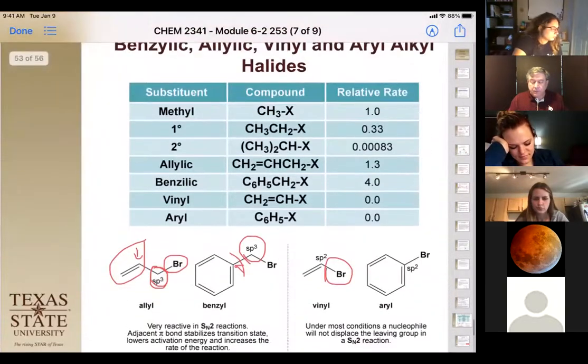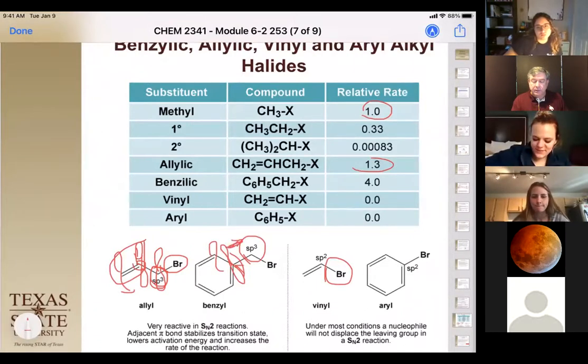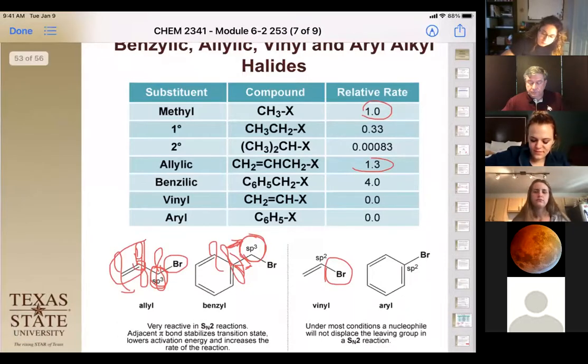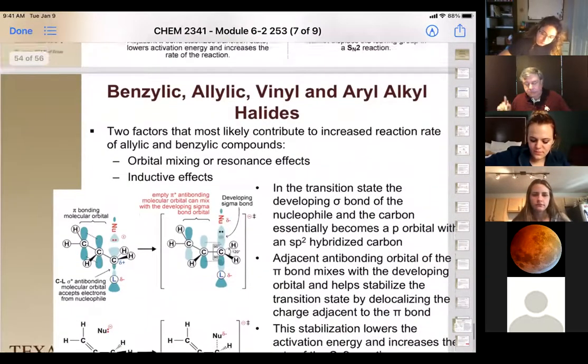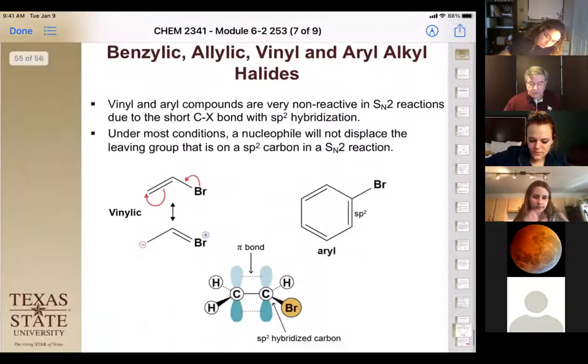That's why, if we look at just a methyl group and an allylic group, this double bond right here will line up with that new forming bond and help stabilize it, making it go faster. And when you have a benzene ring, you have a whole bunch of these electrons to donate into the stabilization here. And so the benzylic goes faster. But again, this is on the sp3 hybridized carbon, not on the sp2 hybridized carbon. And we'll talk more about that next semester, when we go into the benzylic and allylics, etc.